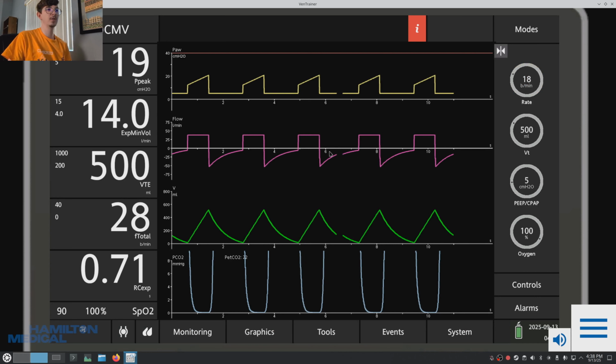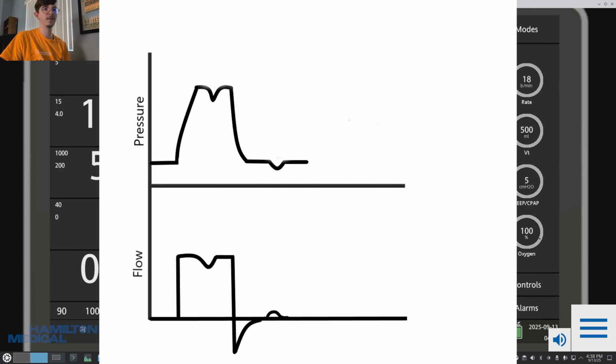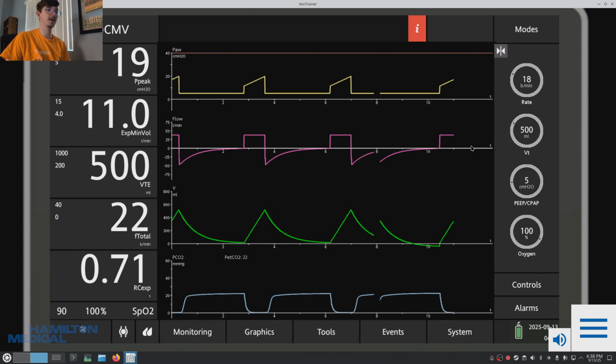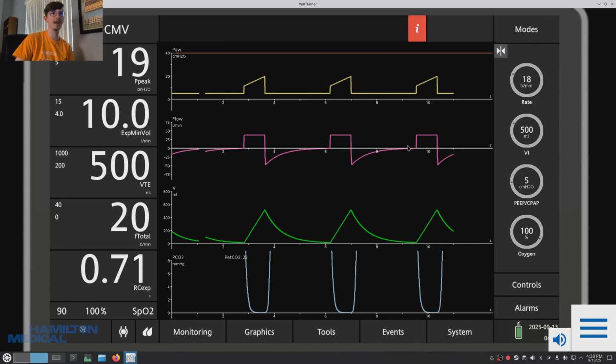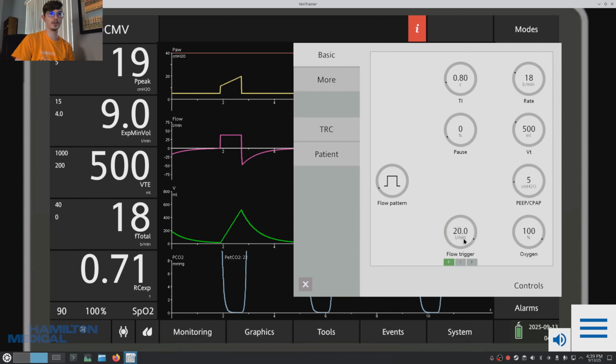So if you see that we're sitting here at zero flow and you see little dips in it, but it's not triggering a breath, you have a problem with your trigger setting, right? That is missed triggers. Your patient is trying to draw a breath and they're not able to get it because it's not sensitive enough, right? Like if I have this set all the way up here, 20 is crazy.